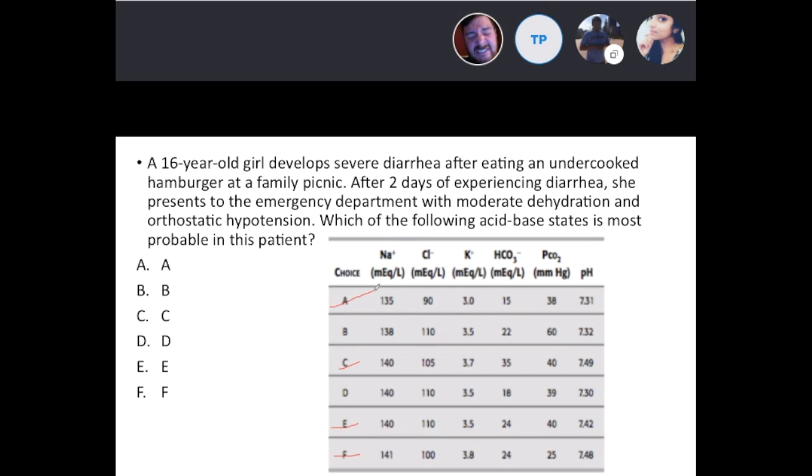So it's either B or D. Oh, we got a normal bicarb versus a low bicarb. This is going to be a metabolic acidosis. So we're going to go with D because it's metabolic. That is the correct answer, sir.